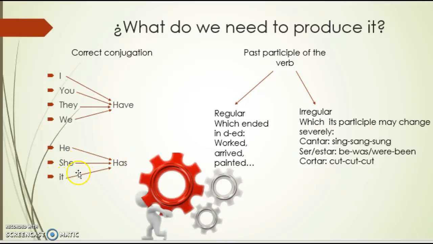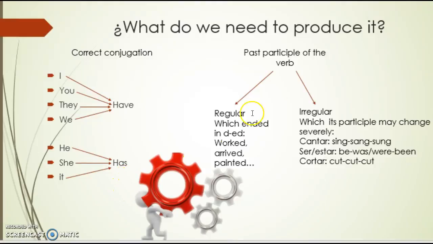It's always going to be with those persons. If you conjugate, for example, you with has, it's wrong. So you always have to do it like in this scheme.